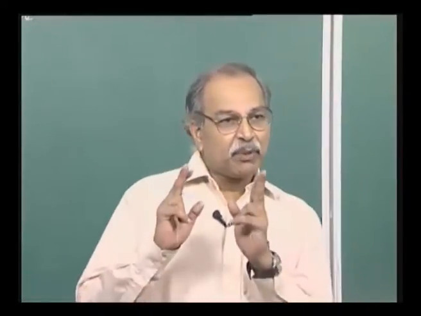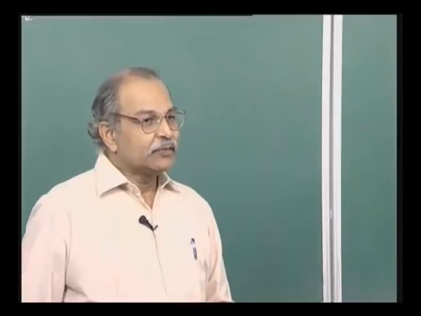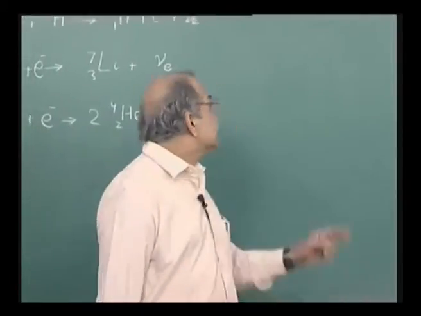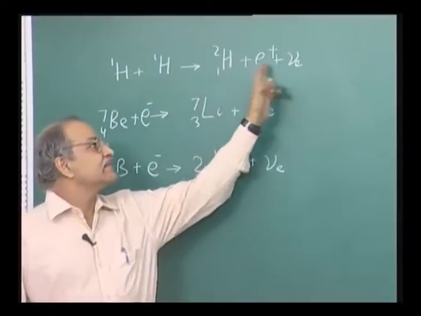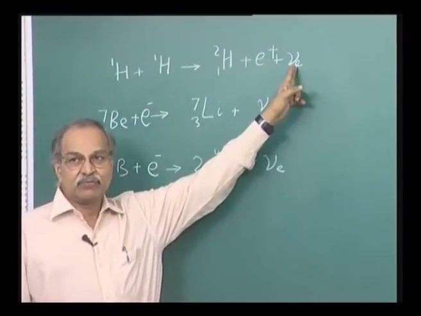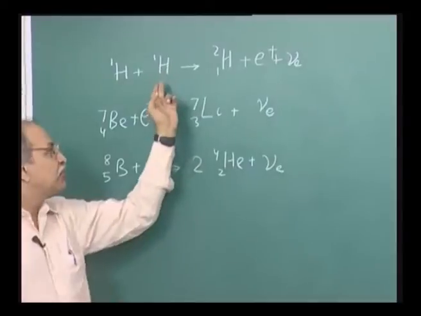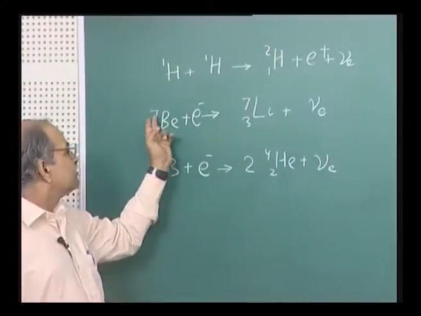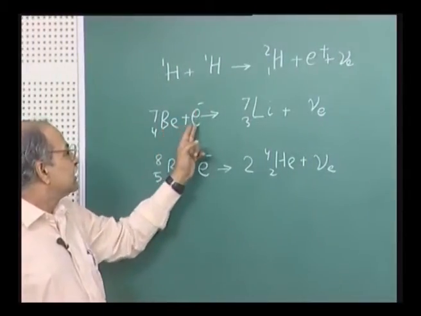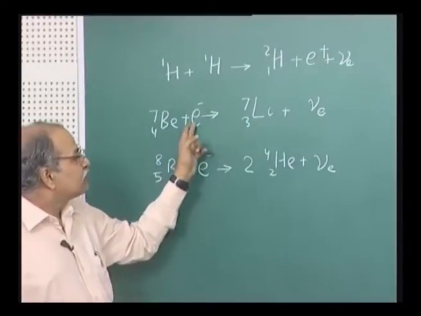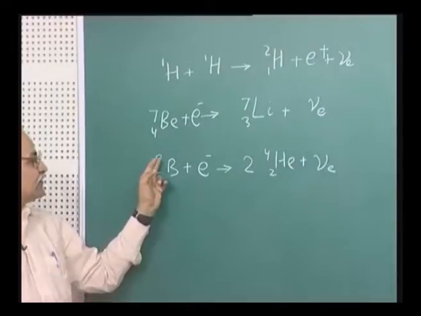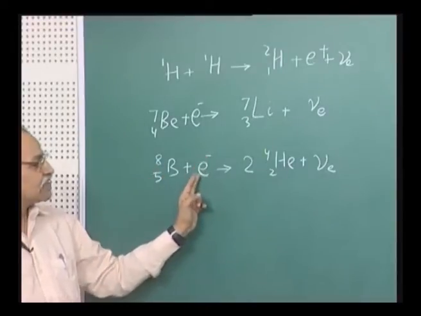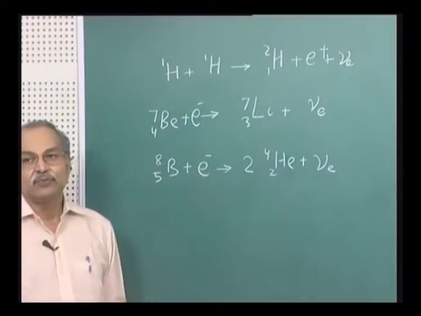We see what kind of energy distribution these neutrinos have. If you think of the pp1 chain, this neutrino is produced when two protons combine to make a deuteron. In the pp2 chain, 7Be combines with an electron and that produces this neutrino here, and in pp3 you have 8B that decays and produces this nu e.